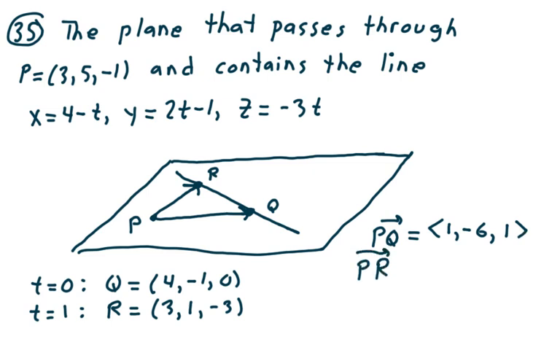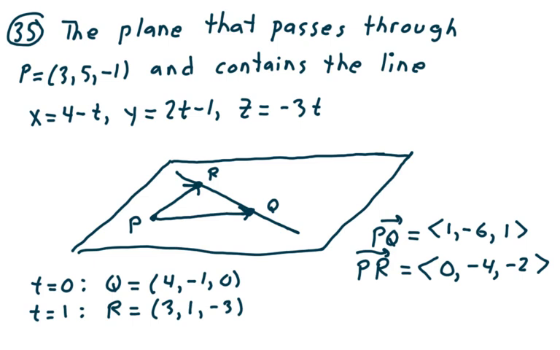PR is the vector, 3 minus 3 is 0. If I take 1 minus 5, I get -4. And then -3 minus -1 is -2. Just like this.